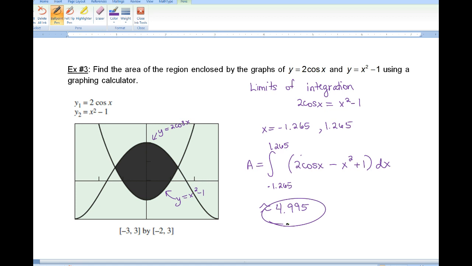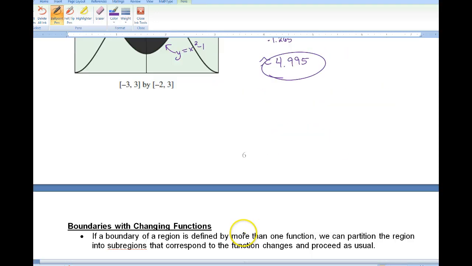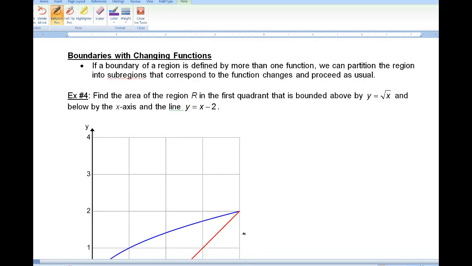I got 2.862. Well, I did negative 1.265 on bottom and on top. Oh wait, never mind. I had 2 cos x minus x squared plus 1. All right, next one.